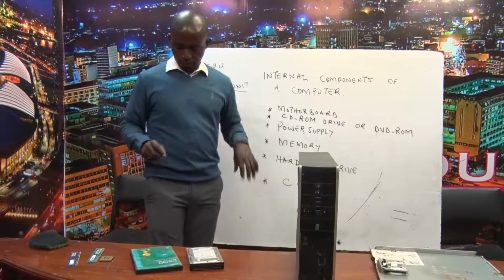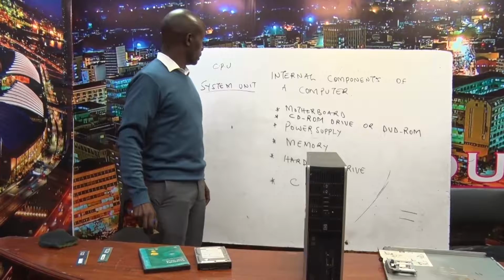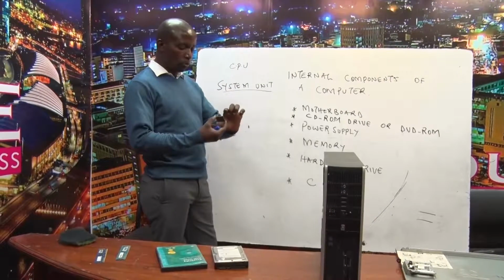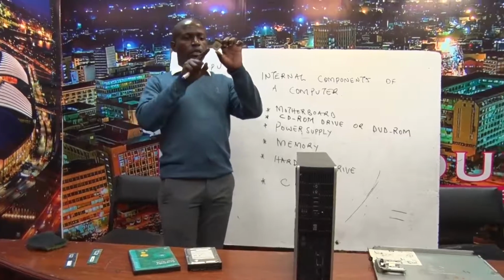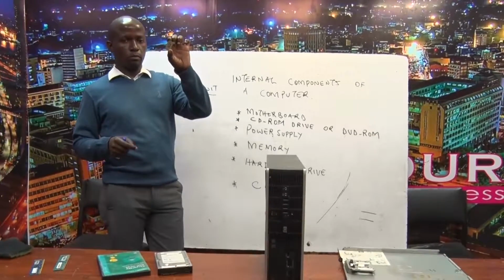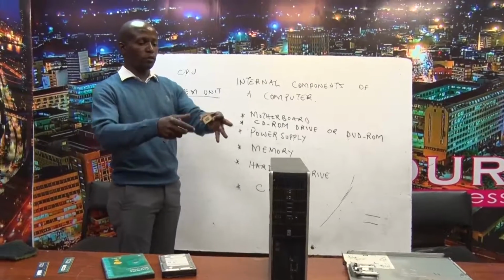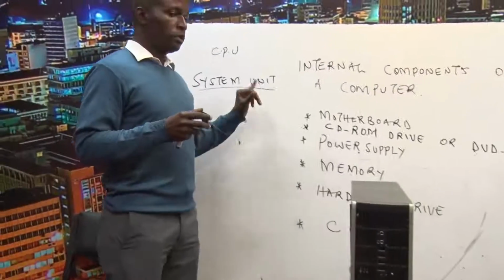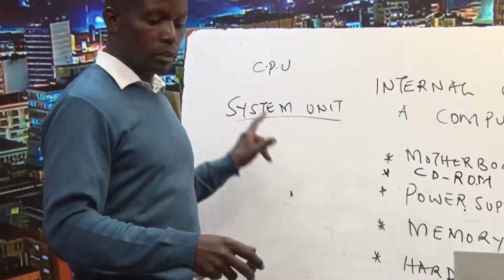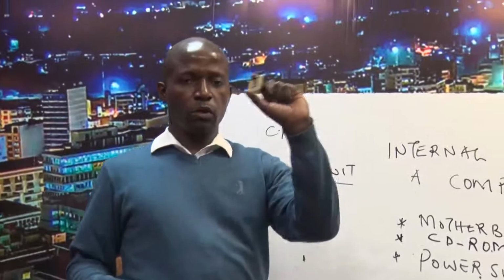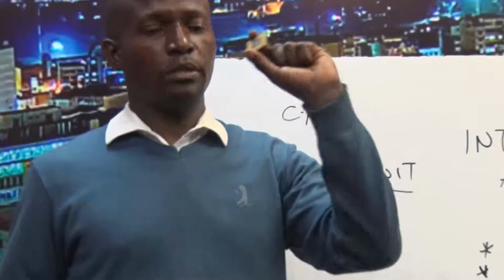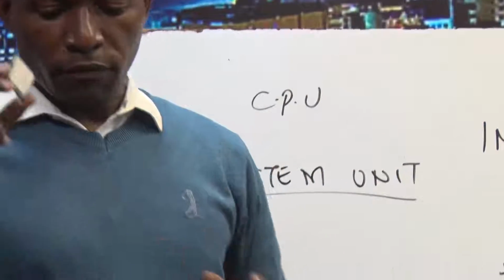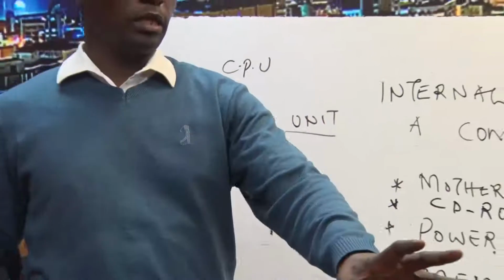But it is important, thank God you're here in this lesson, we don't refer to it as the CPU, because when you talk about the CPU, then this is our CPU. So you can imagine if you're calling the whole of this box the CPU. It is not. This is simply your system unit, because what you refer to as the CPU is what I'm carrying here with me. So never at any time refer to this as the CPU.